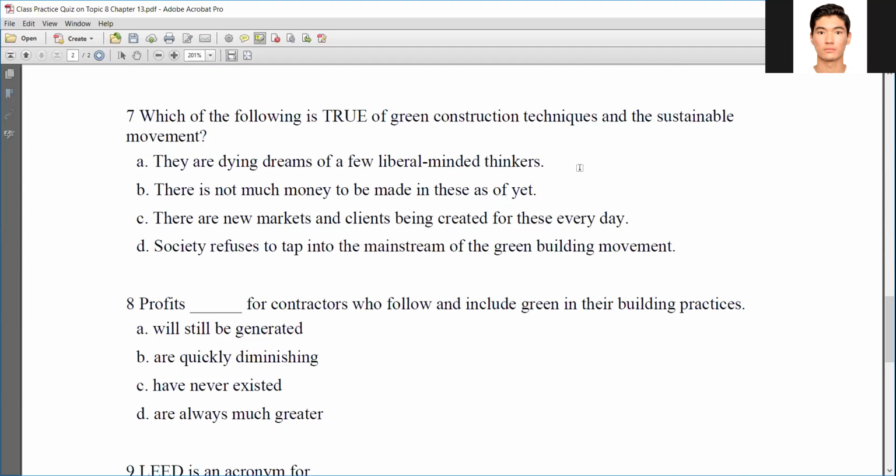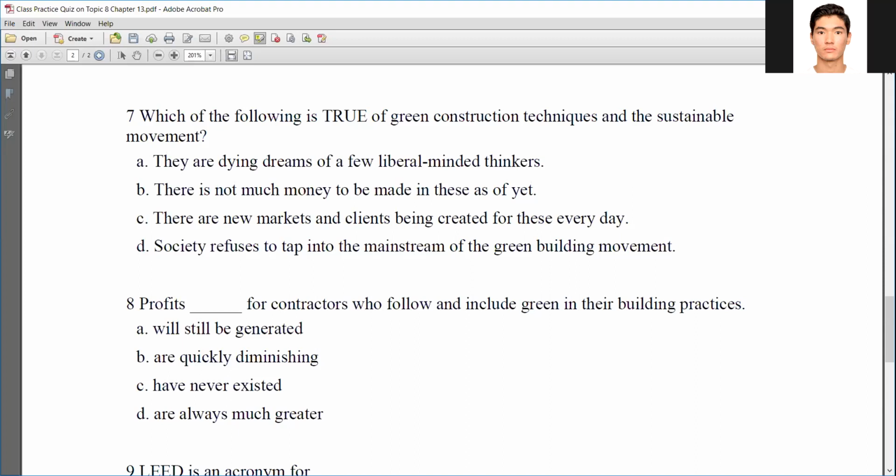Which of the following is true of green construction techniques and sustainable movement? They are dying dreams of a few liberal-minded thinkers. There is not much money to be made in these as of yet. There are new markets and clients being created for these every day. Society refuses to tap into the mainstream of the green building movement.